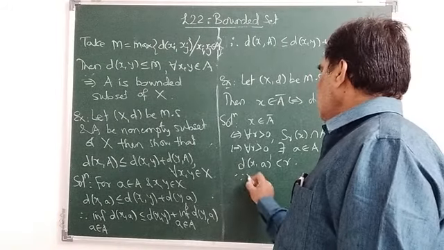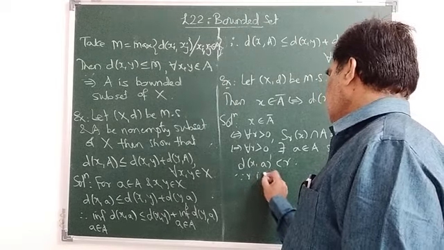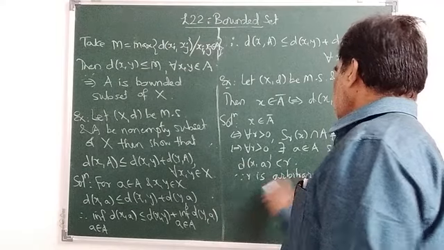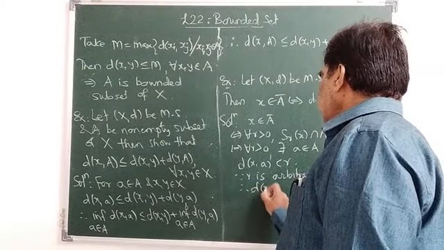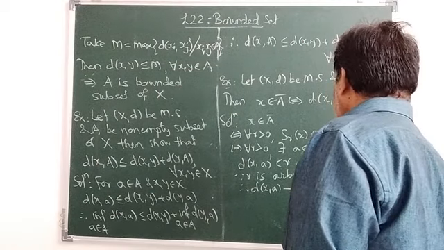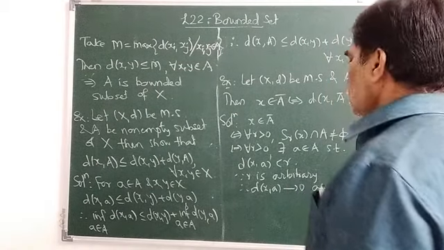Now since r is arbitrary, d of xa tends to 0 as r tends to 0.